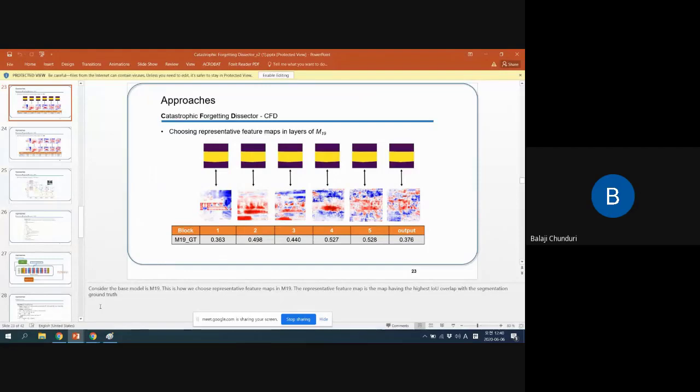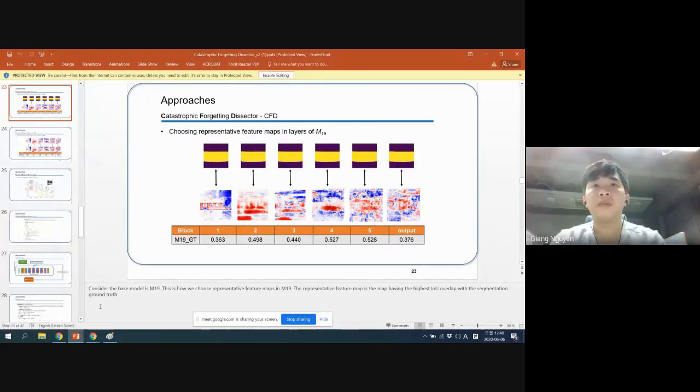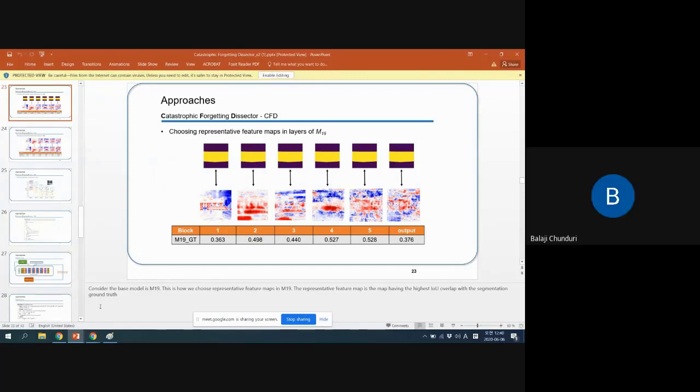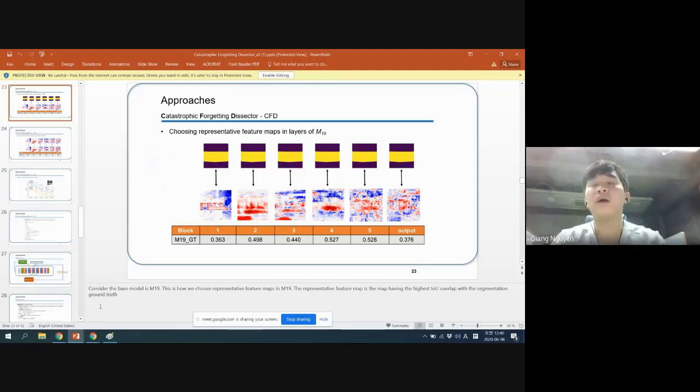Do you use some deconvolution or something? What do you mean by transform? The feature map dimension will be different from the ground truth dimensions, right? Actually, they have the same dimension.